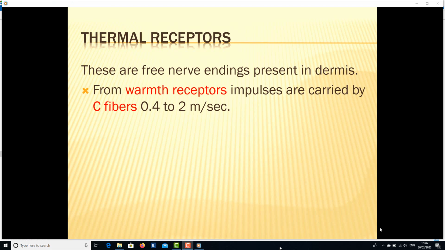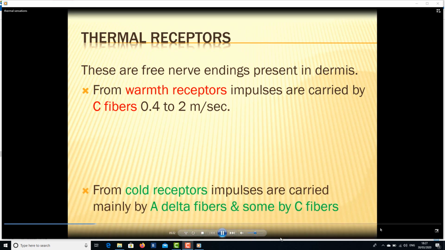For warmth receptor impulses, they are carried by C fibers at a speed of around 0.5 to 2 meters per second.